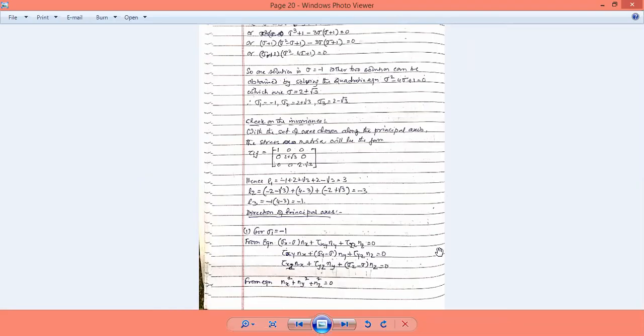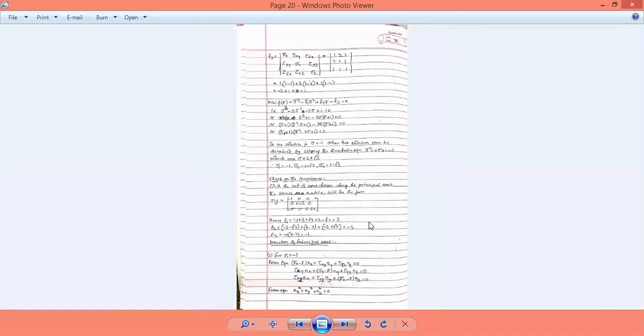Now, we put the value of sigma x, which is already given at the beginning of the problem, and put the value of sigma here as sigma minus 1. So the equation will take this form.